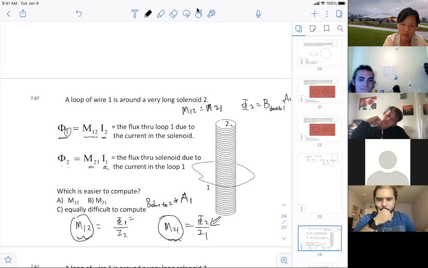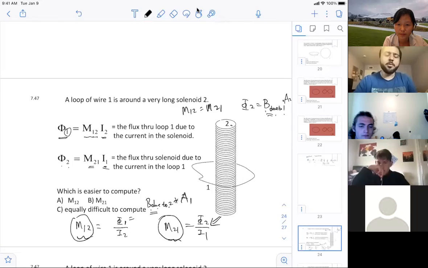So which one is easier? Area is all easy, right? What's difficult is the B field. So is B due to 2 easy or B due to 1 easy to calculate? B due to 2 would be easy because that's just a solenoid. B due to 1 is hard as an irregular shape.